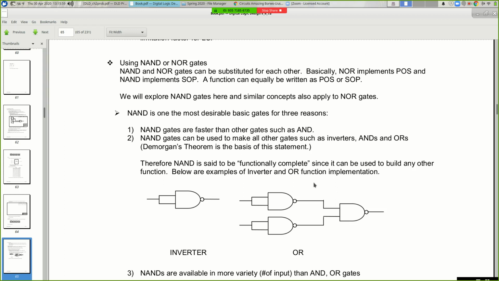And if you had 100 LEDs, you'd need 500 milliamps to light them. And a simple inverter or AND gate can't put out 500 milliamps from its output. So there's a reality that the output of a gate can only drive so many things, including inputs to other gates. So this question of how much can a gate drive, it's called the fan out.